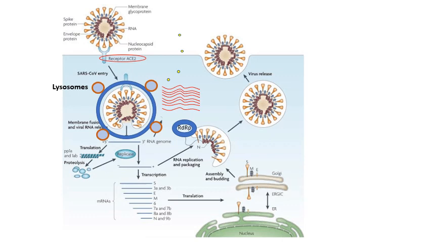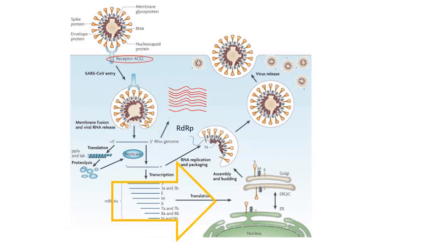This RNA is first translated using host ribosomes to RNA-dependent RNA polymerase. The function of this RNA-dependent RNA polymerase is to make multiple copies of the RNA, and these RNAs are translated to form various structural and non-structural proteins using the Golgi apparatus.